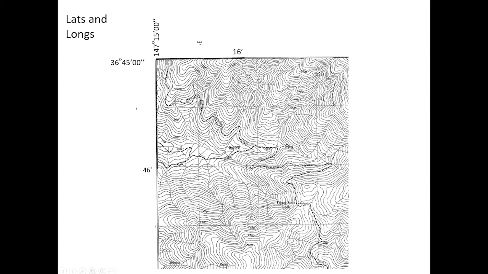And then our longitude there is represented by the number on its side, 147 degrees 15 minutes 0 seconds, and coming along again at the end of this black line is 147 degrees 16 minutes 0 seconds. Each topographic map is divided up into minutes, with alternating black and white sections indicating the length of the minutes on the topographic map.